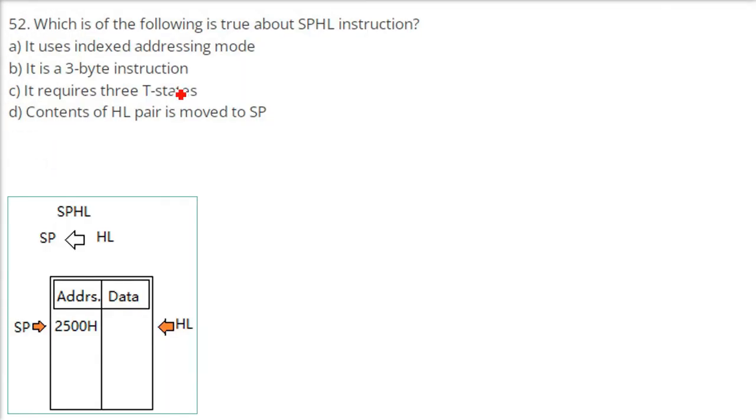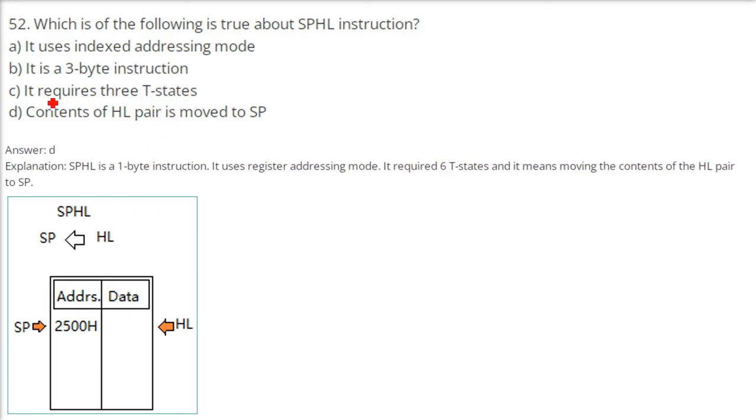Which of the following is true about the SPHL instruction? SP is for stack pointer, and HL is for the HL general purpose register pair. The answer is that the content of the HL pair is moved to SP. If you remember the register pairs B, C, D, E, and HL that we talked about.